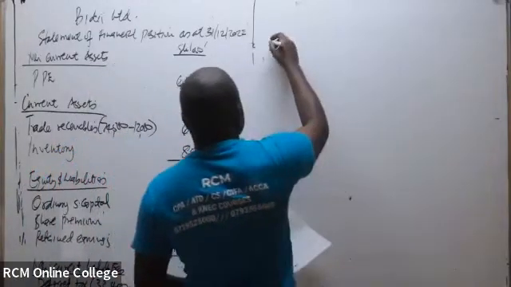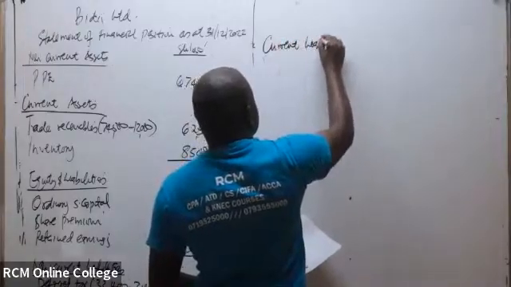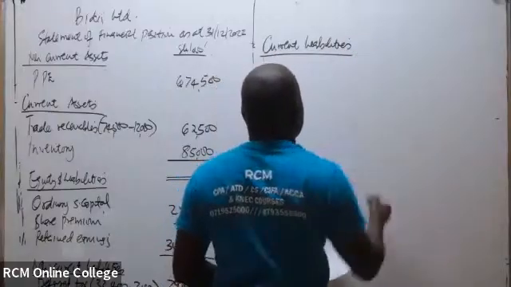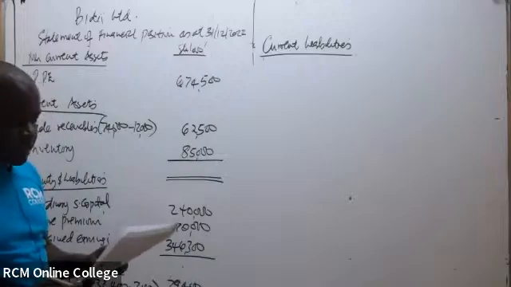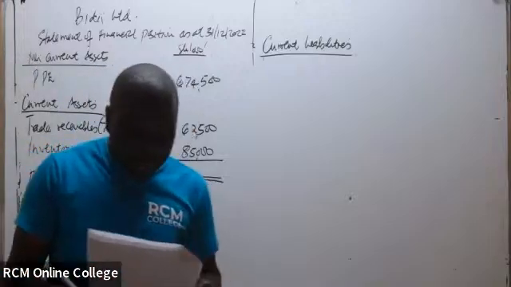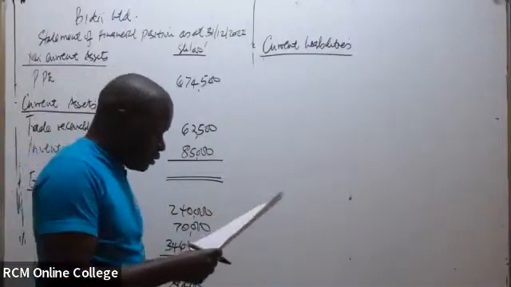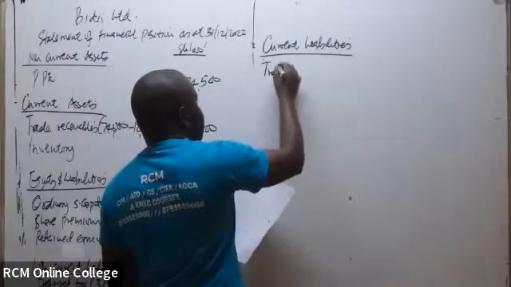So for the current liabilities, it is very easy. You just need to go to the TO balance and, on the credit side, identify the current liabilities you have. Automatically, we see trade payables.